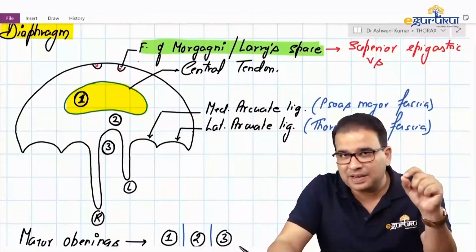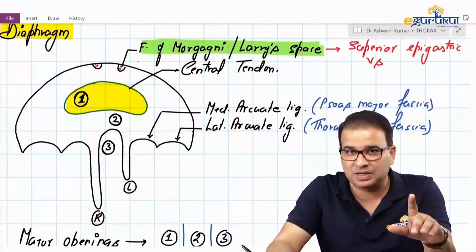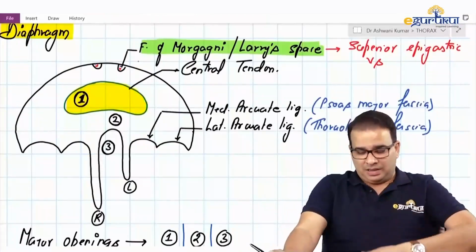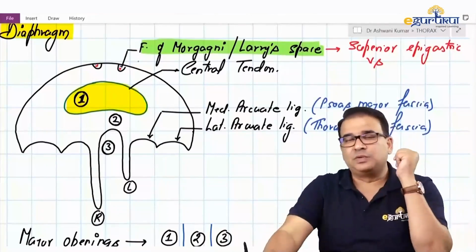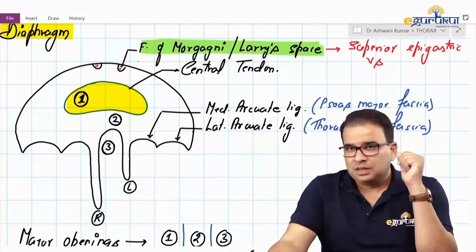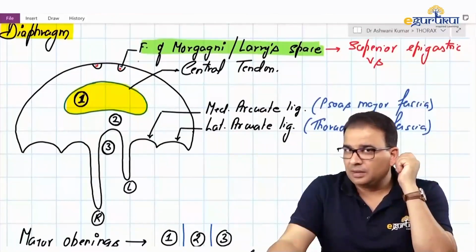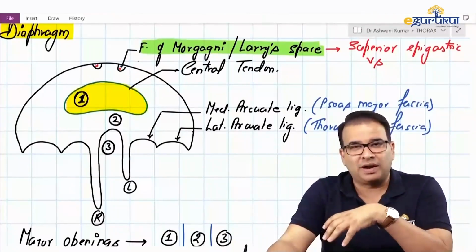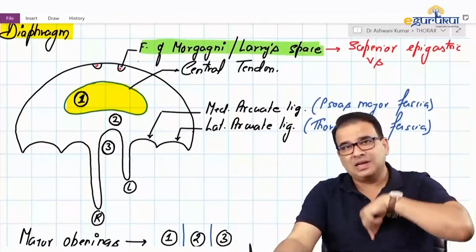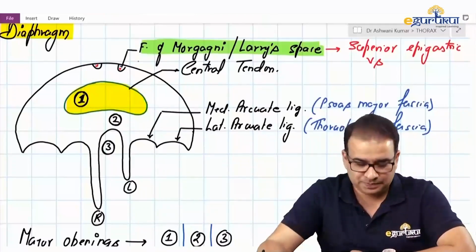It is superior epigastric, not superficial epigastric. Superficial epigastric artery comes above. That is a branch of femoral artery, sorry, that we will discuss in the roof of the femoral triangle. That is coming above. This is the one which is going down. It is superior epigastric.